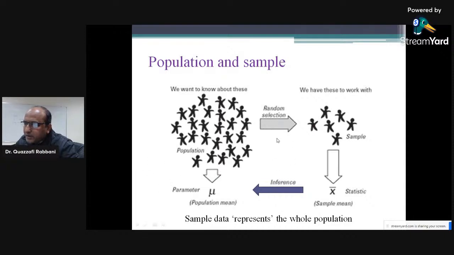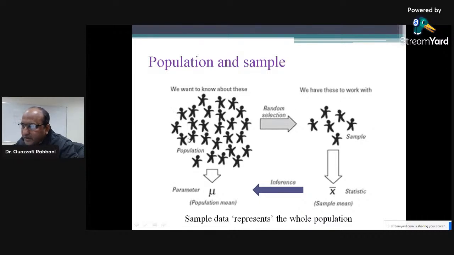See this example figure: this entire collection of units is known as the population, and if from this entire collection we take a small part, this small part of the population is known as the sample.